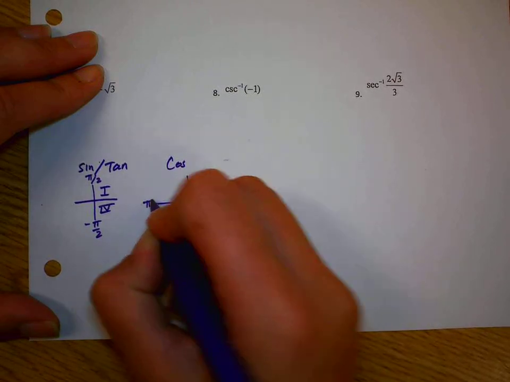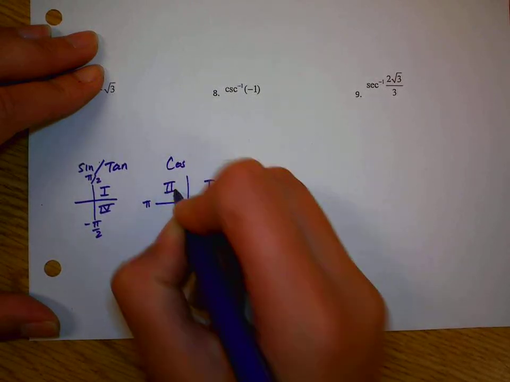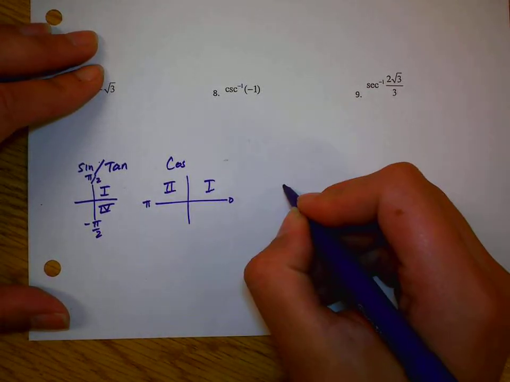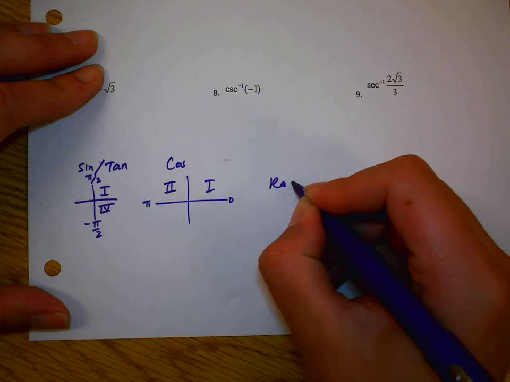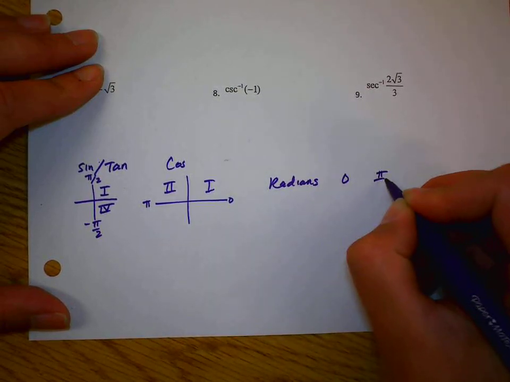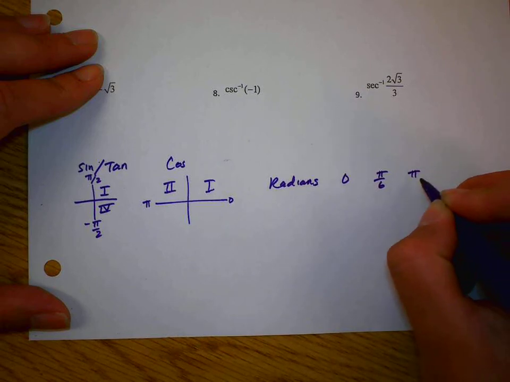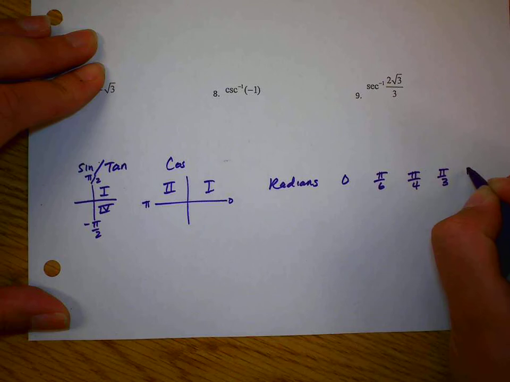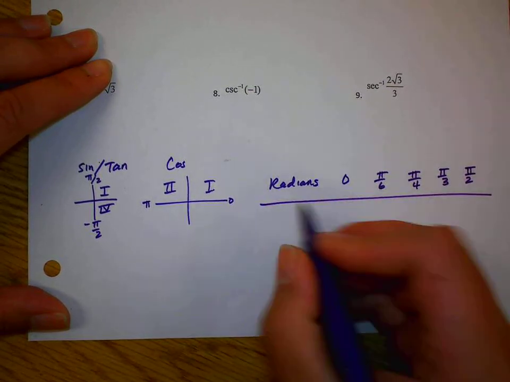It's also nice to have your reference angle chart here as well. So remember in radians, we have 0, pi over 6, pi over 4, pi over 3, and pi over 2, for sine, cosine, and tangent.